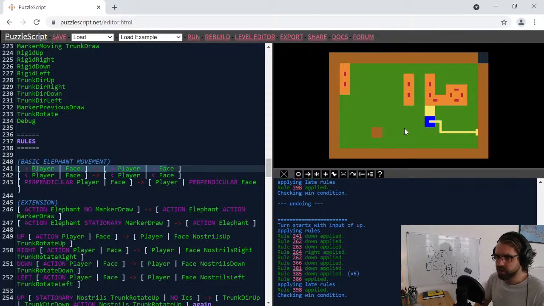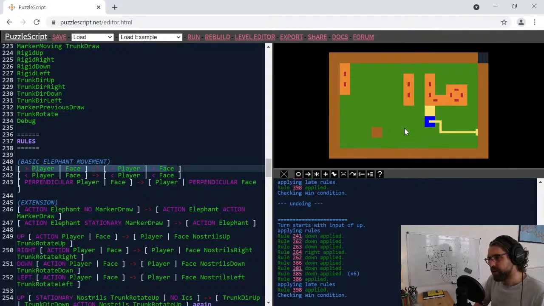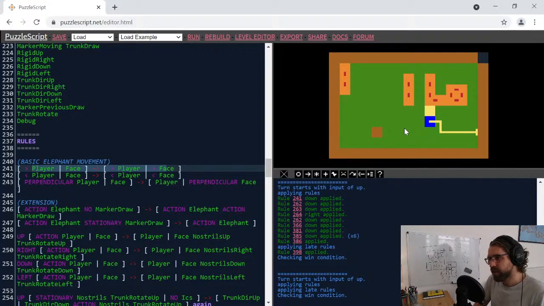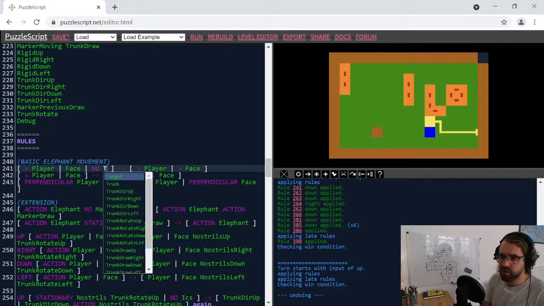Player moving to the face moves the player around the face. So yeah, we want to only allow this if there is no trunk, or if there's a trunk. I can just do the two separate cases. No trunk.